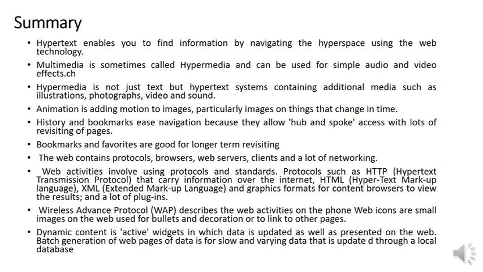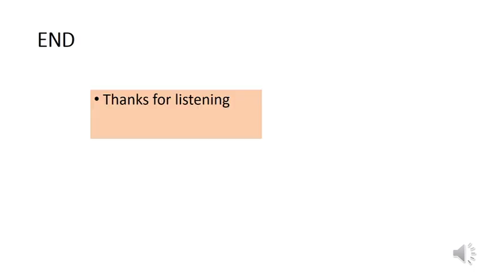Web icons are small images on the web used for bullets and decoration or to link to other pages. Dynamic content is active web pages in which data is updated as well as presented on the web. Batch generation of web pages of data is for slow and varying data that is updated through a local database.